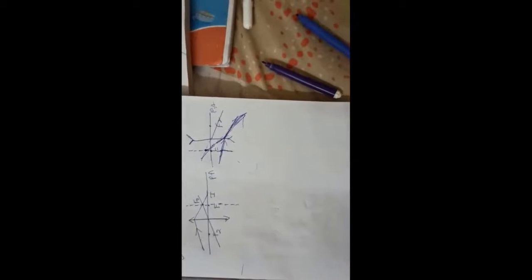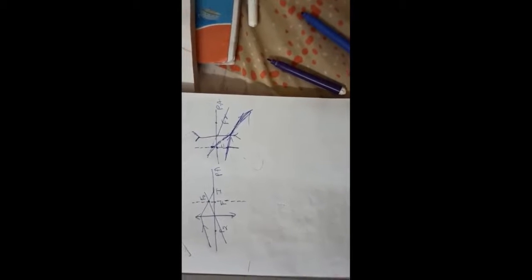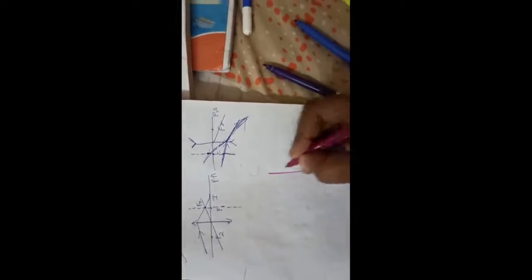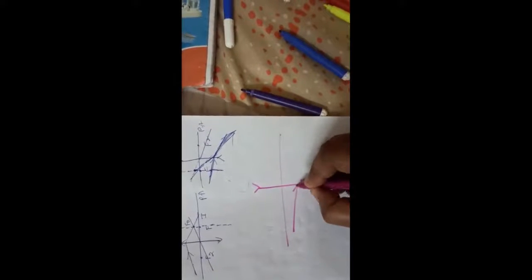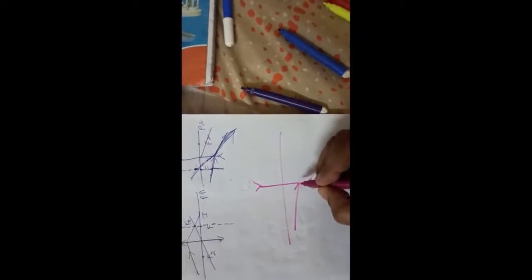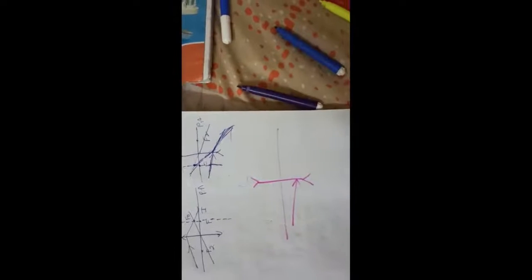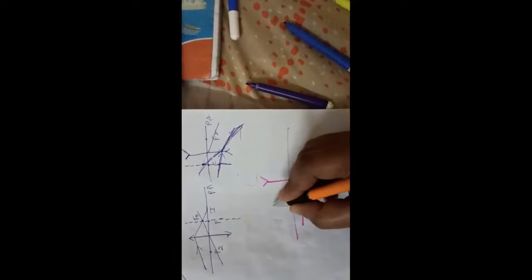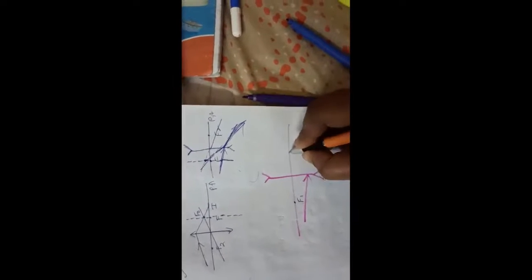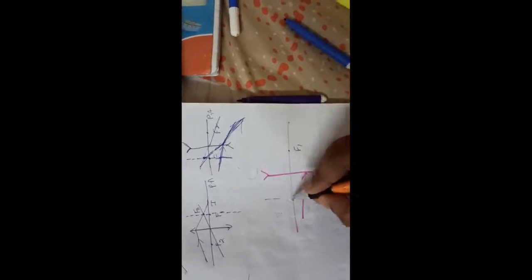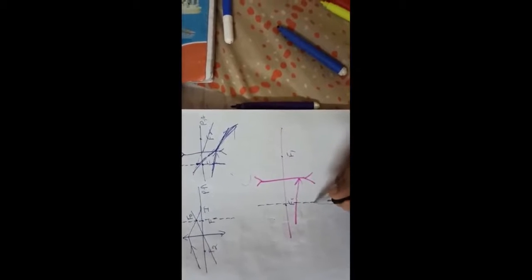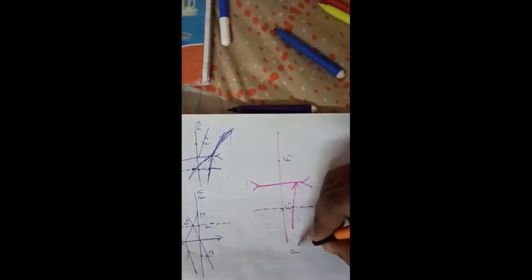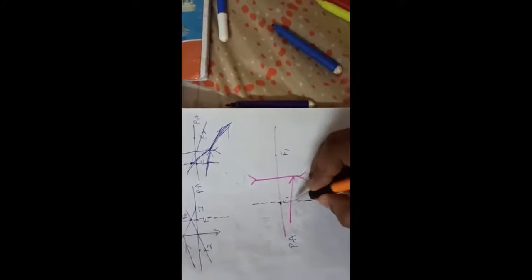So let us observe one more time this concave lens. So here I am taking the concave lens once again, and the ray in this direction is incident. So for this we need to find the refracted ray. So first I want to draw a normal line at the focus. Because this is a concave lens, I am drawing a normal line to this principal axis in this direction at F1.